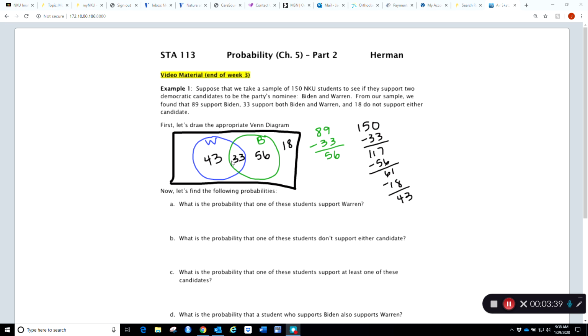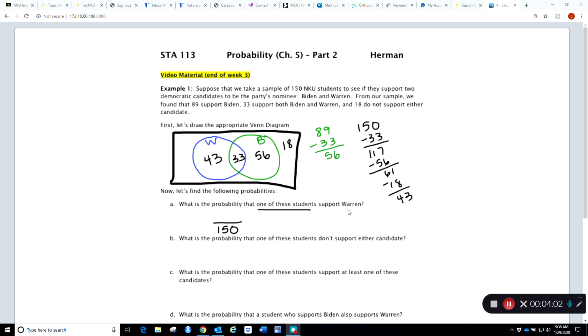Now that we have the picture, some of these probabilities might be easy to calculate. So we want to first find what is the probability that one of these students support Warren. Well, one of these students tells me that I'm talking about one of the 150 students that I'm working with. So that's going to be my bottom number.